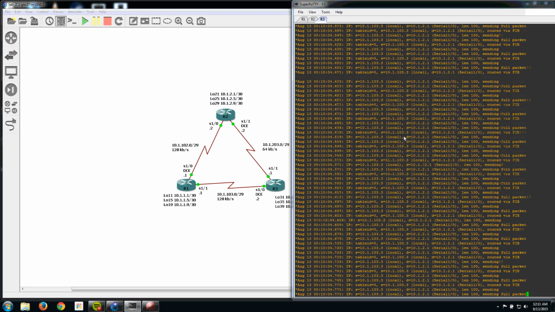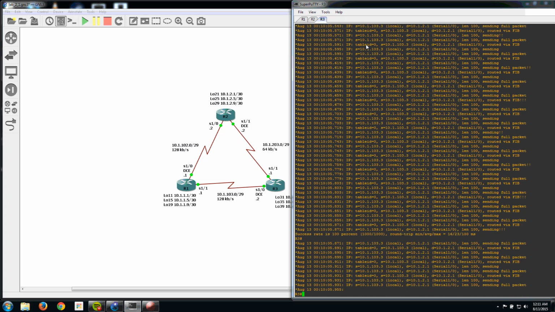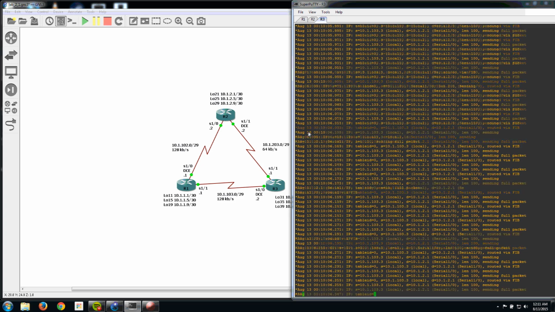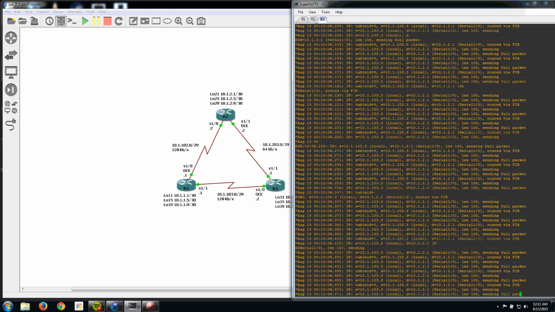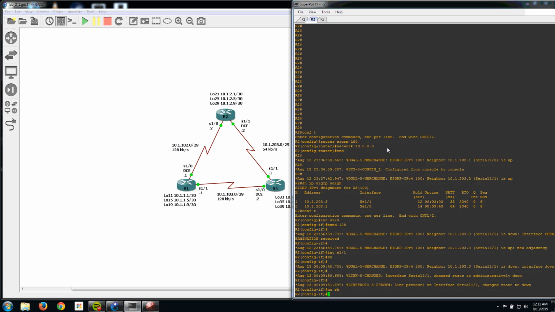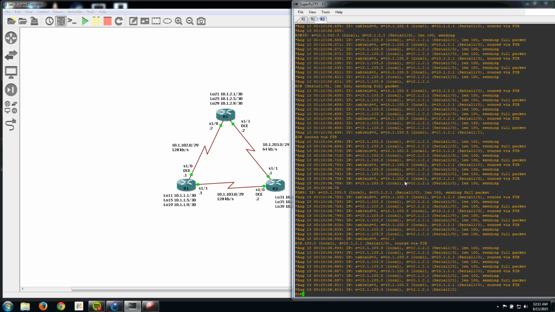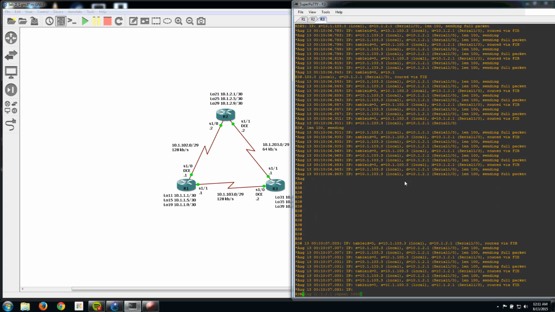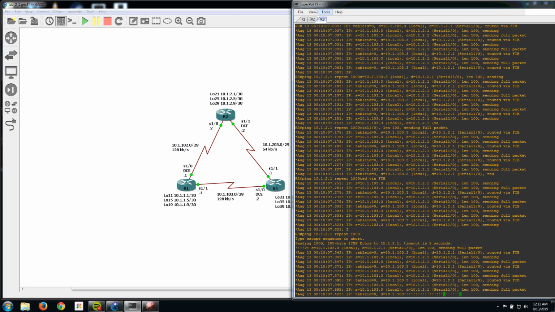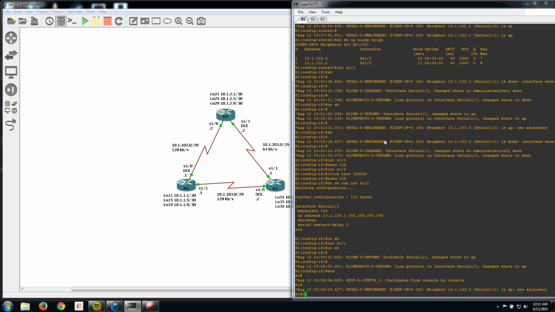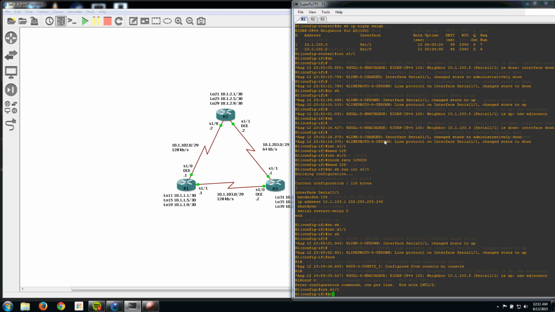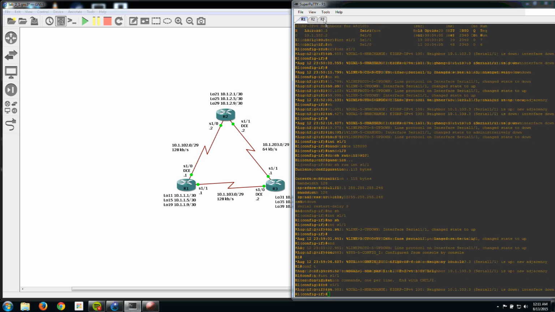I think I shut down the wrong port actually. It's actually serial 1/1 on router 1 that I need to shut down. Oops. Let's try that one more time. Let's shut that.